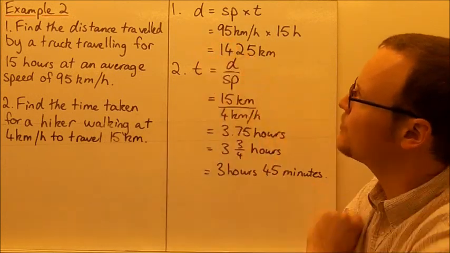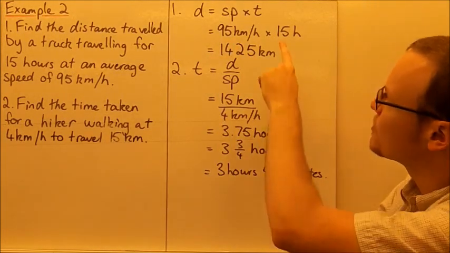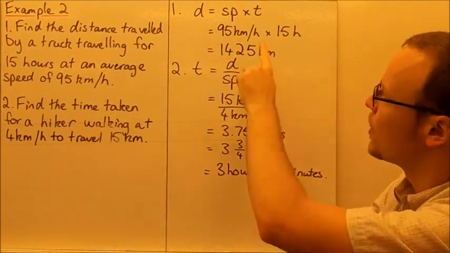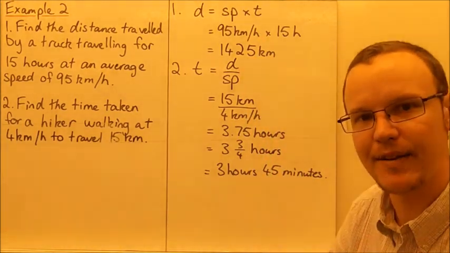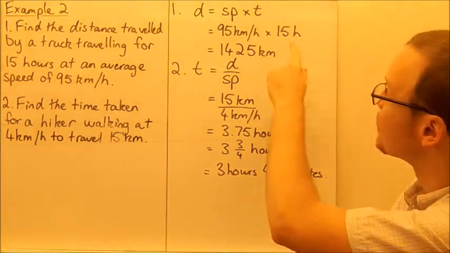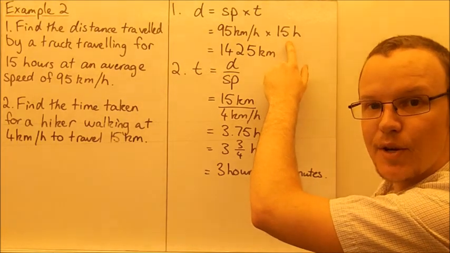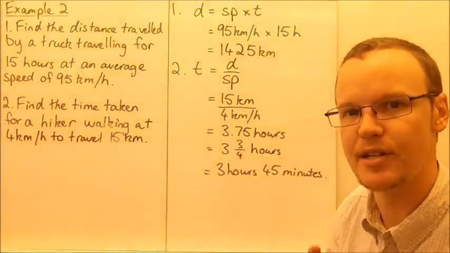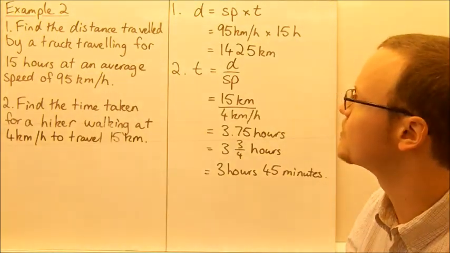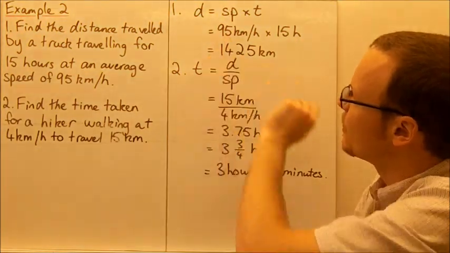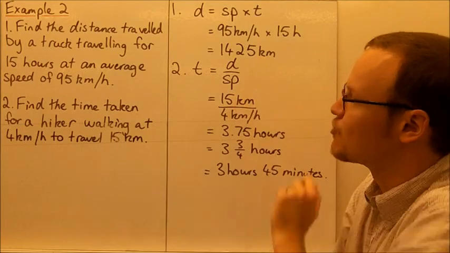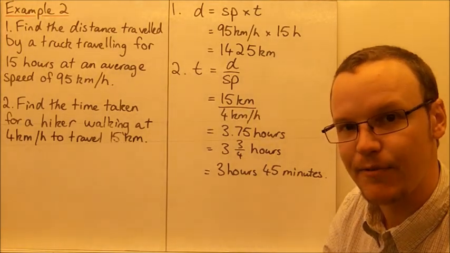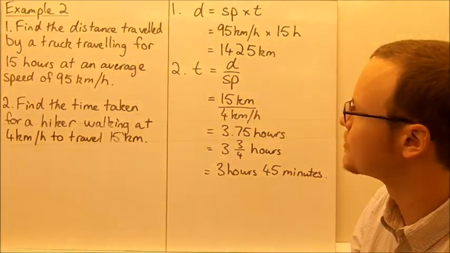So that's 95 kilometres per hour multiplied by 15 hours. Notice that they're both in the same unit. If this was in minutes, I'd need to convert it to hours first, so that the rates would be the same units. So here, 95 times 15 hours means he travelled a distance of 1,425 kilometres.